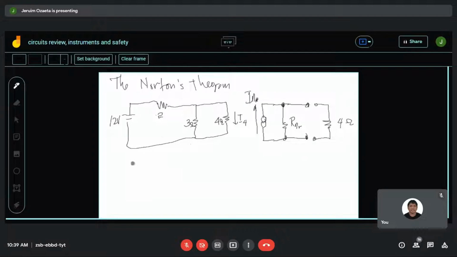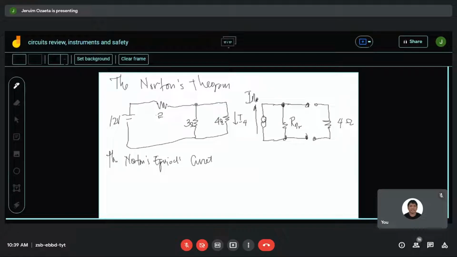So first we isolate the equivalent current. Okay.